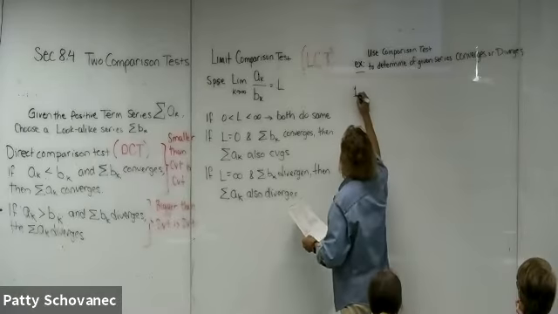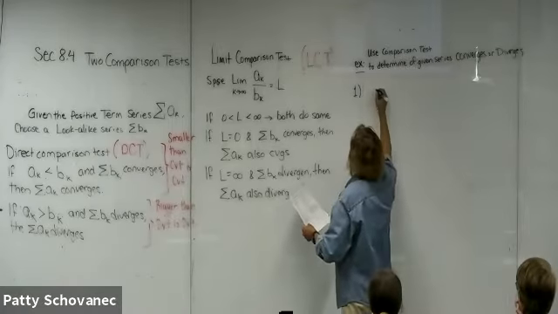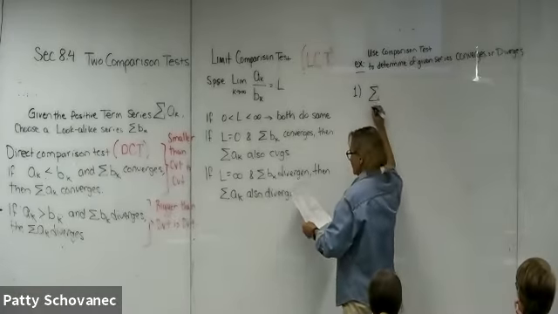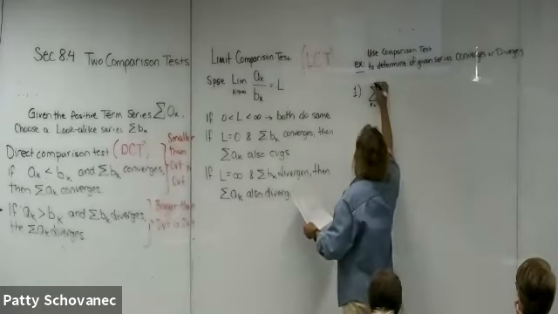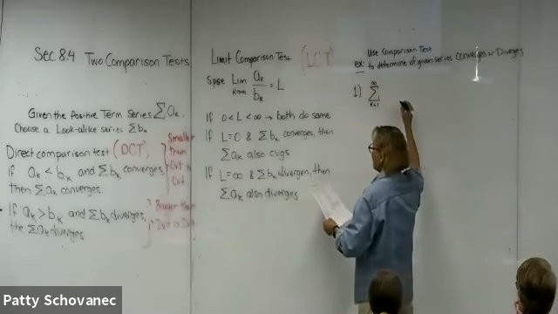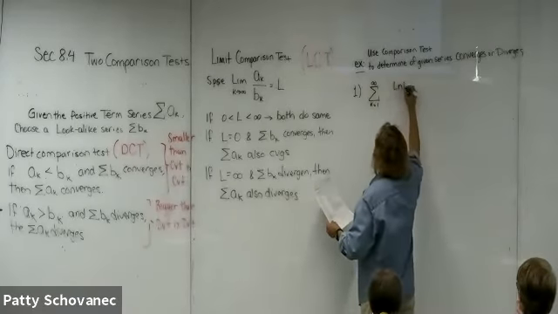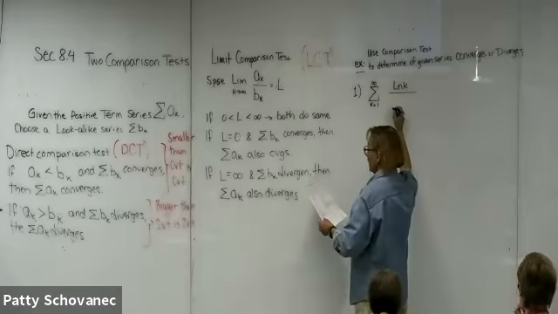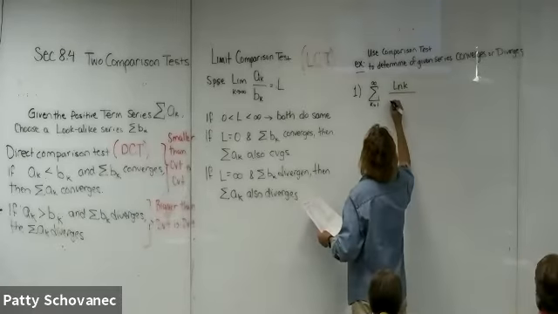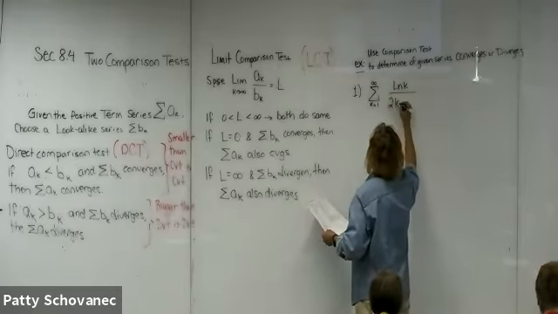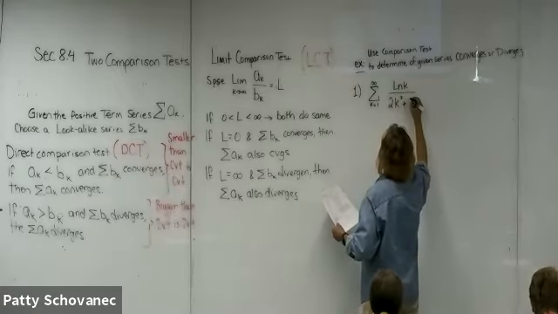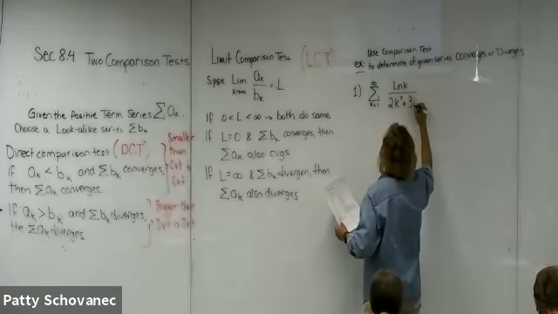My first one is the series from k equal to 1 to infinity of the natural log of k divided by 2k squared plus 3k.